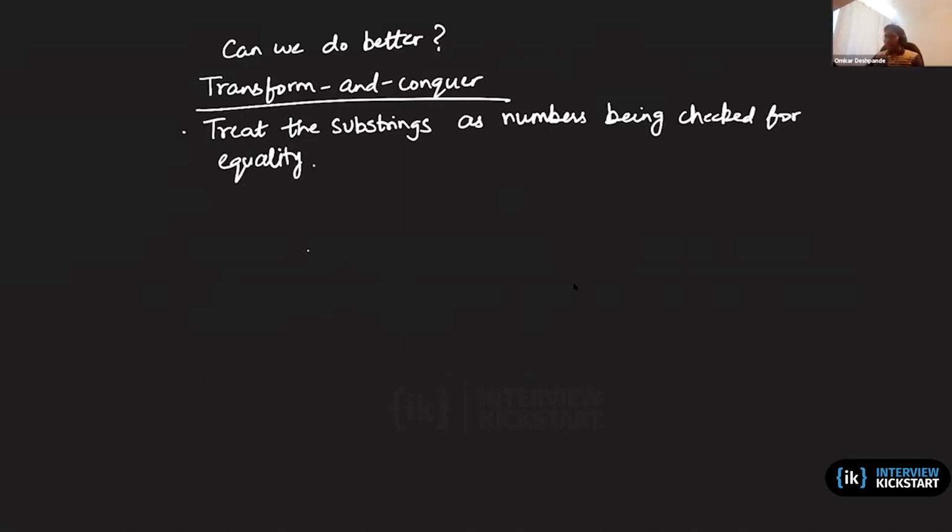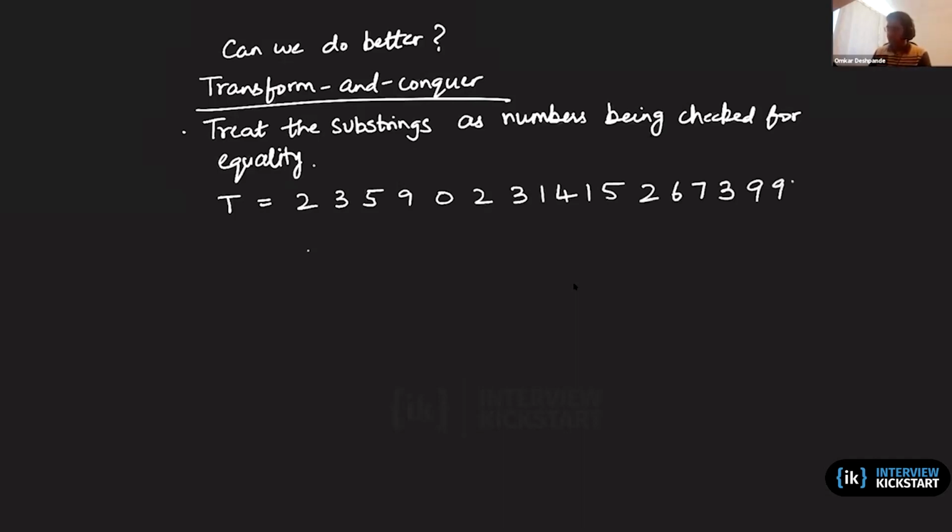So just as an example, what we'll do is we'll start out by assuming that T is a string where the characters are, say, our familiar digits. Say 2, 3, 5, 9, 0, 2, 3, 1, 4, 1, 5, 6, 7, 3, 9, 9, 2, 1.